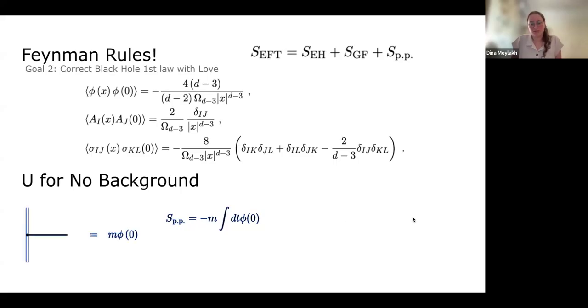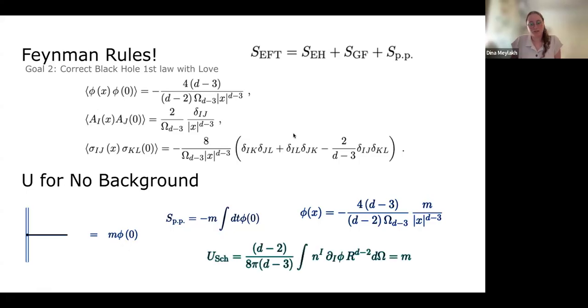So we can write the Feynman diagram, the vertex M phi, and add it to the propagator you see in the first line of this slide. And we just get the phi field, which is the Schwarzschild metric. We plug this into our equation for the energy, and we just get M, the internal energy of the Schwarzschild black hole, as we expect.